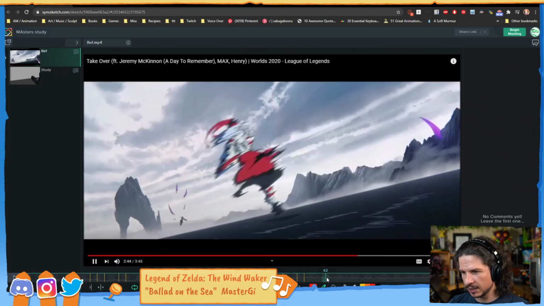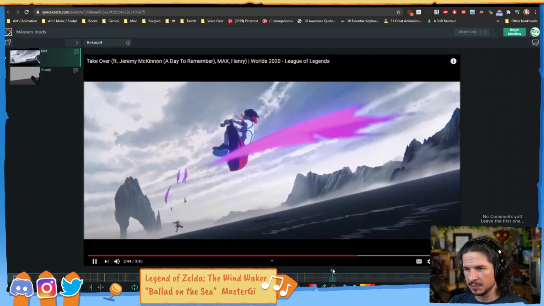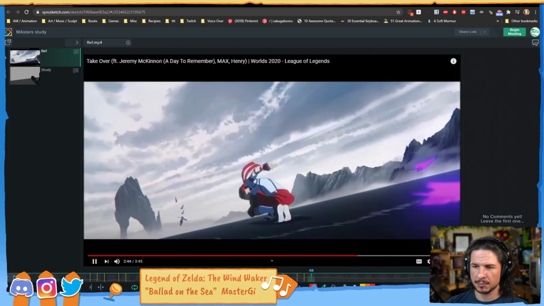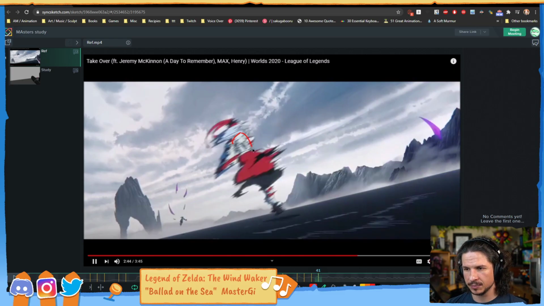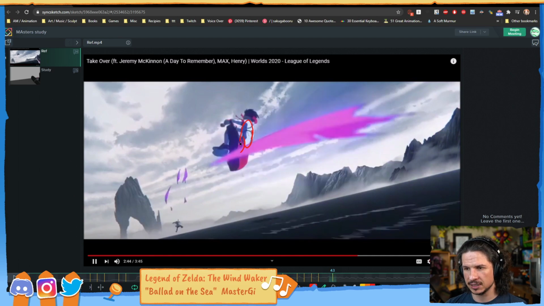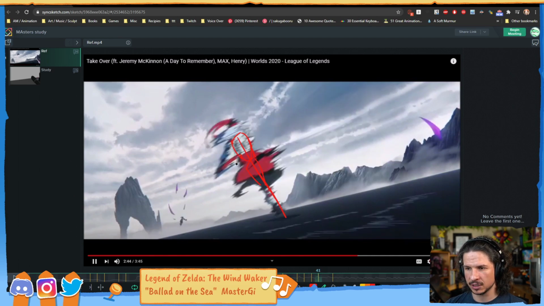Looking at the reference here, there is this big jump, but if we look at the body, it's not changing direction mid motion. He's got this forward lean to the body here. As he jumps, he goes up into this angle and then finishes that motion.